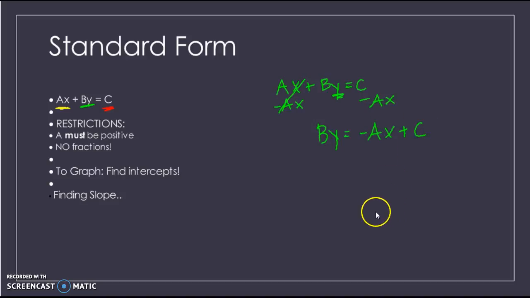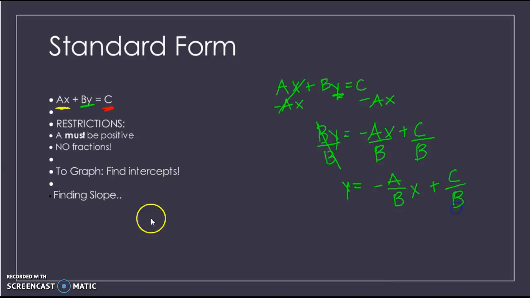I've got to get rid of this b, so I get y equals negative a over b times x plus c over b. If you ever have to find the slope in standard form, you can first put it in slope-intercept form, or you could just plug in negative a over b, and it'll work every time. So the slope is negative a over b.